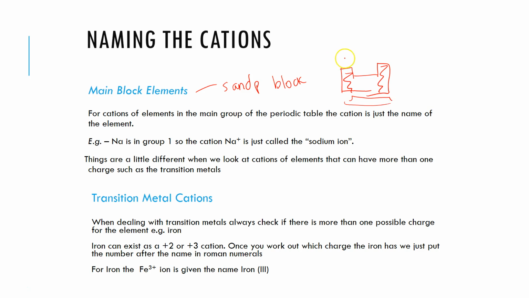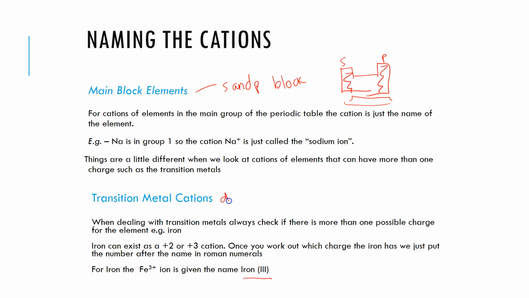For the cations of those S and P block elements, we always just use the name of the element. So if it's a positive ion, we use the name of the element. Things are a little bit different when we look at cations for the transition metals, as we saw just before, where we need to give our Roman numeral.